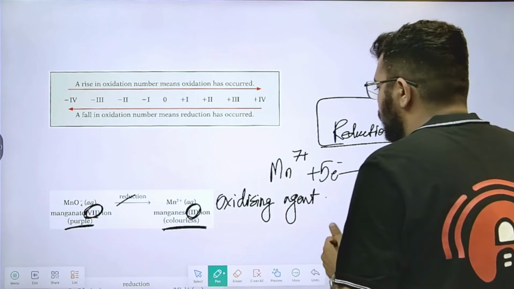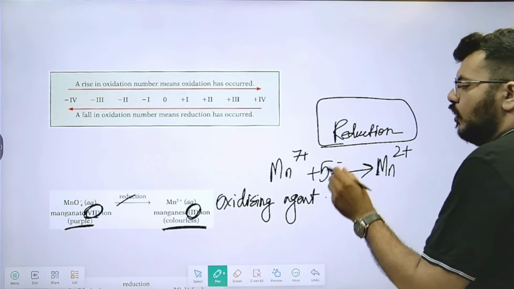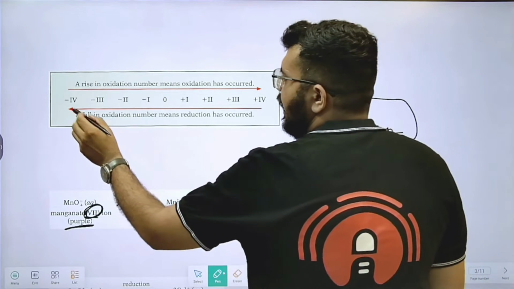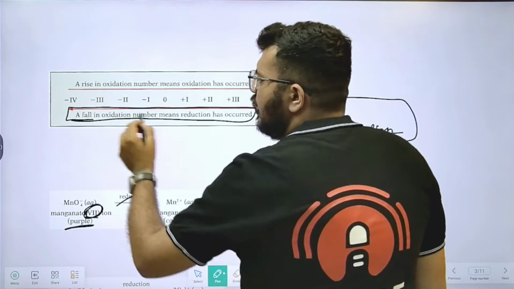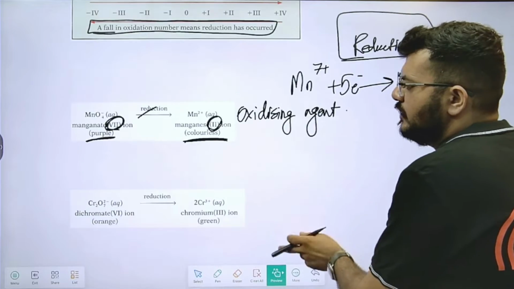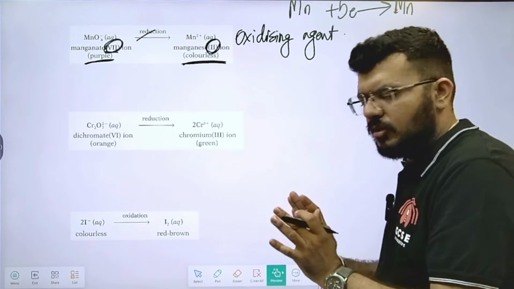Now coming back to the redox reaction topic, I was trying to explain that when the oxidation number decreases, reduction has taken place. A fall in oxidation number means reduction has occurred. We have an example where we will see that this is also reduction, similar change, similar logic.